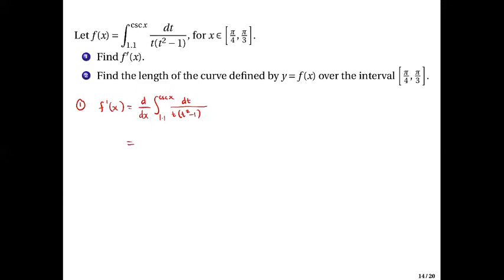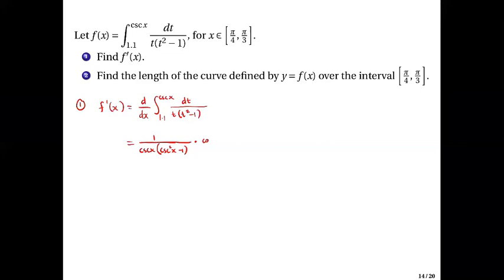So if we do that, we'll just have 1 over cosecant x times cosecant squared x minus 1. And then by chain rule, we need to multiply this by the derivative of cosecant x.